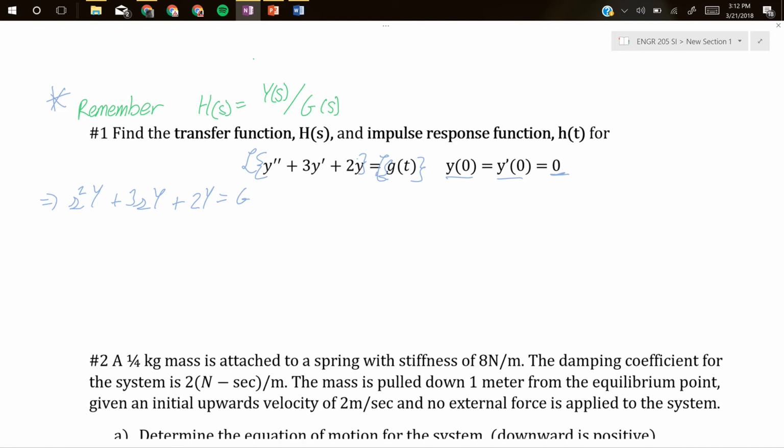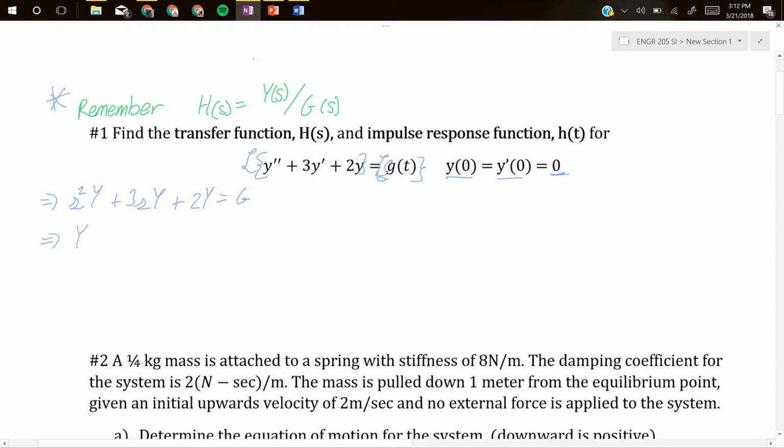So now the next step, since I want to have Y(s) over G(s), I need to get it into a form where I can manipulate Y(s) as a singular term and not multiples. So that means I'm going to have to take out the Y from each of these terms.